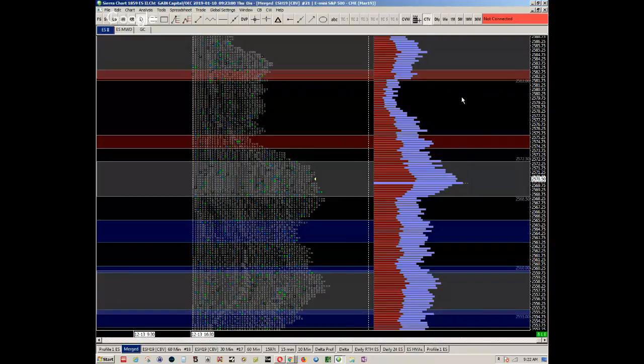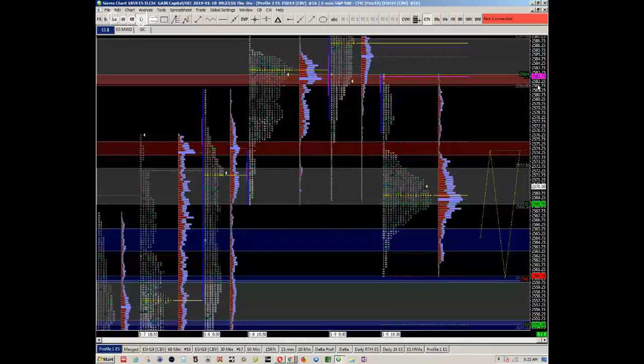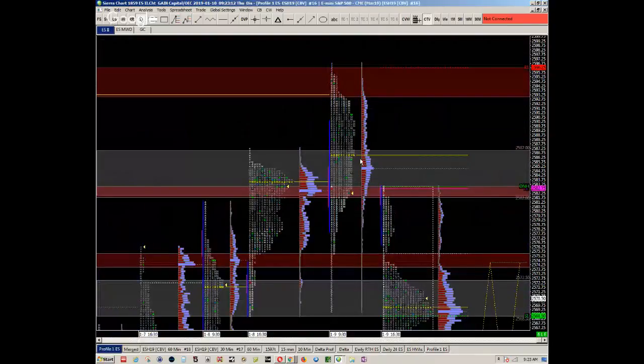This will turn blue, and we may start getting some exploration back into yesterday's range. In that case, if we do get above the overnight high, this is not a very big value area. So if we do see upside, we want to look for possibly the 80% coming into play.